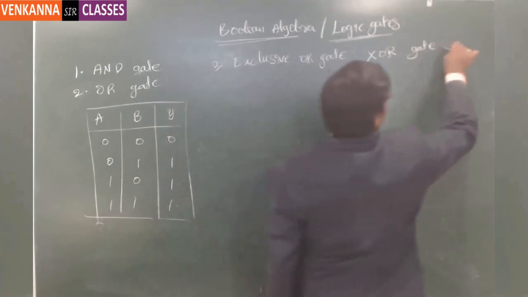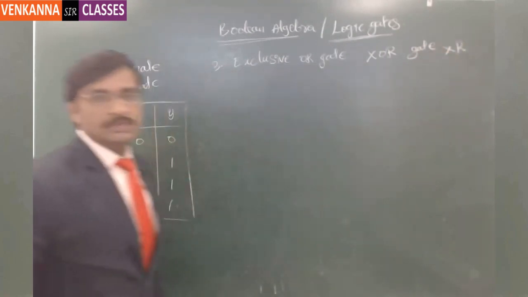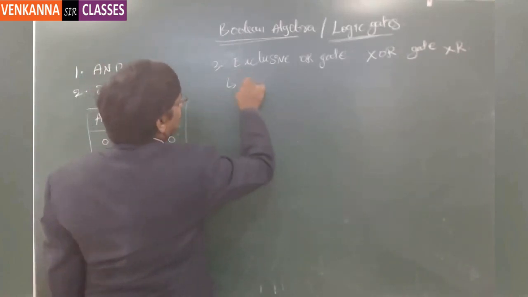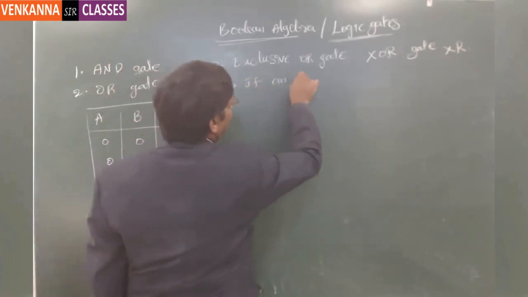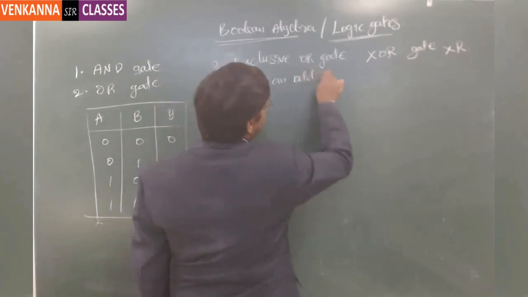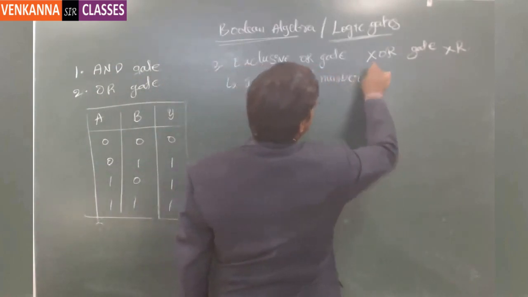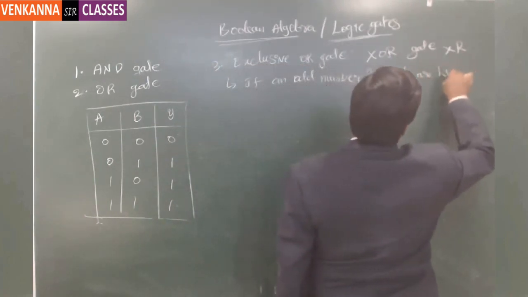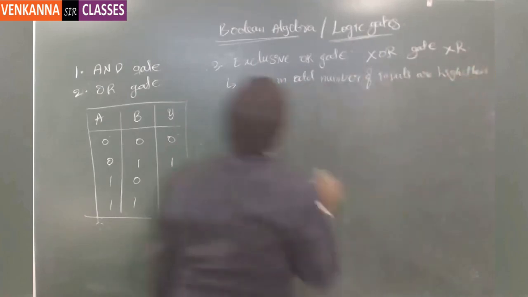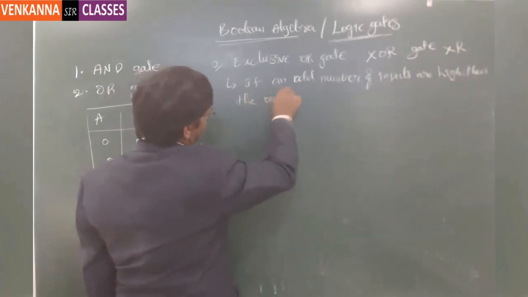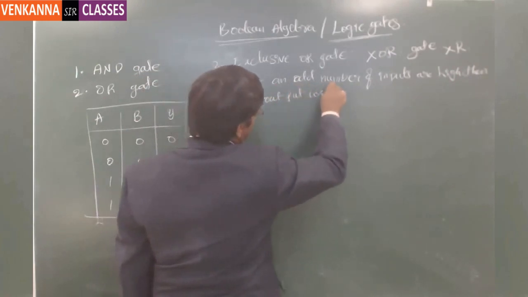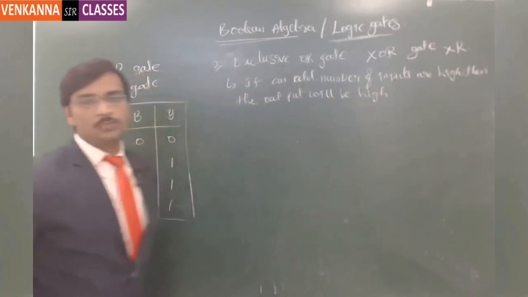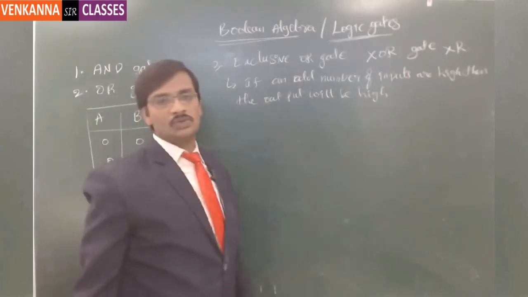So the statement for this exclusive OR gate is: if an odd number of inputs are high, then the output will be high. If an odd number of inputs are high, then the output is high. And this is called the exclusive OR gate.